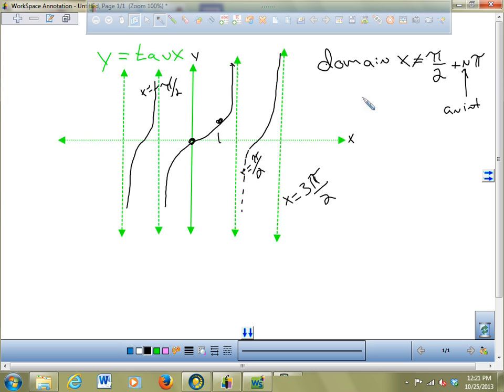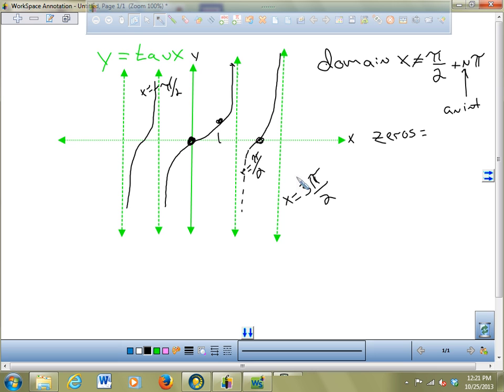I did. Okay? Then I have zeros. Zeros are the places where it crosses the x-axis. Where are the zeros? 0. And if this is pi over 2 and this is 3 pi over 2, what's halfway in between pi over 2 and 3 pi over 2? It's just pi over 2 plus 3 pi over 2 is 4 pi over 2, which is 2 pi.